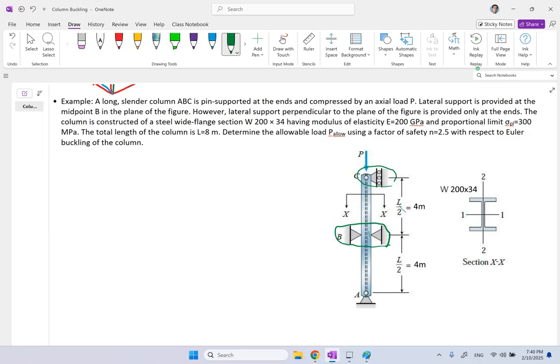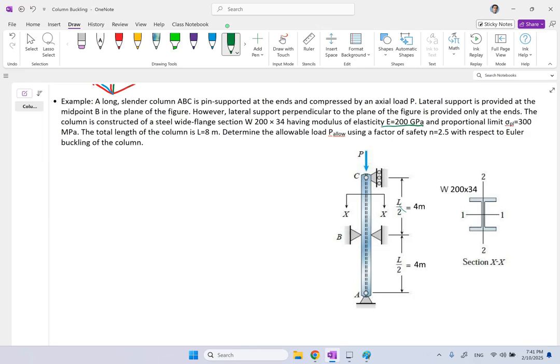So one way to support your columns is by reducing the free length over which the load is applied, and the best way to do it is to provide lateral support along the column. That's the best way to reduce the effective length of the column, and this is what you're doing here. Now, the column is made of steel with a 200 gigapascal Young modulus.